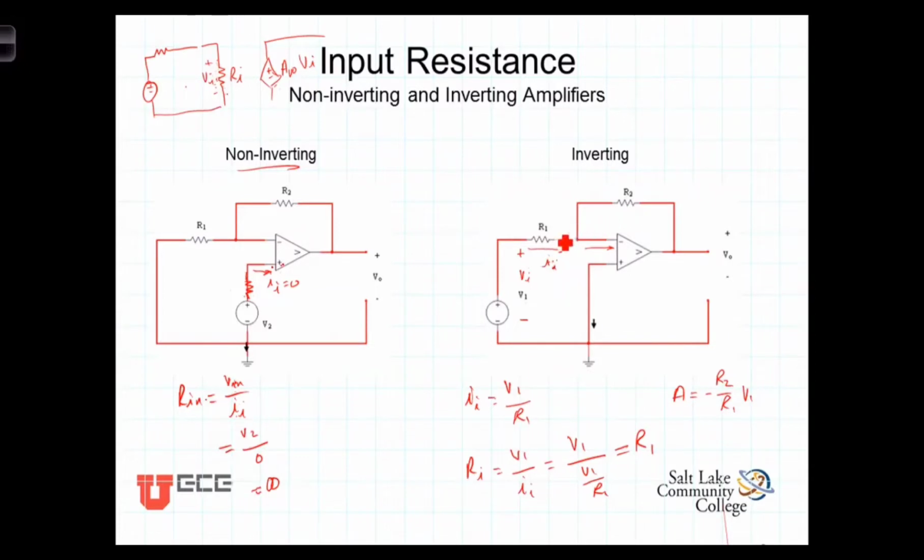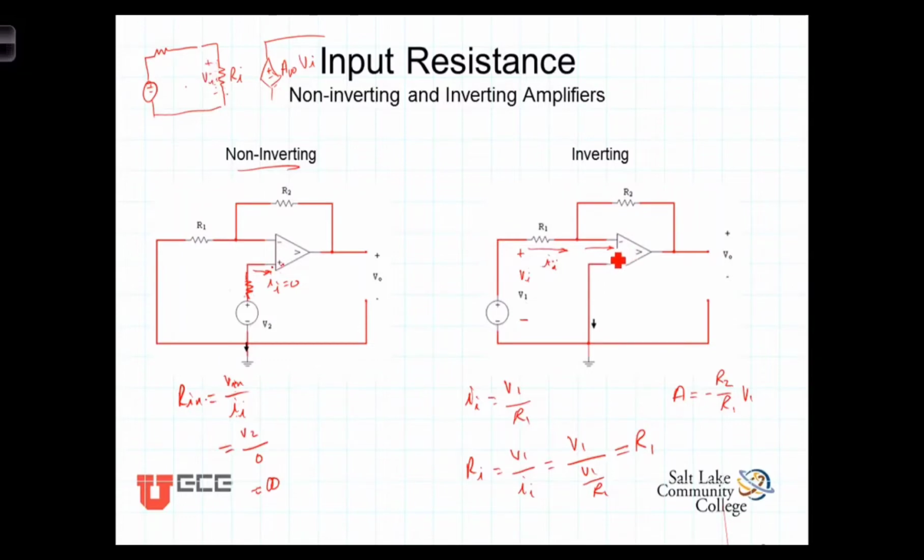Now, if these are megaohm resistances, this current here is also going to be on the order of microamps or tenths of microamps. And all of a sudden, the current here is no longer significantly larger than the current here, so that we can just ignore this. Let's state it the other way.